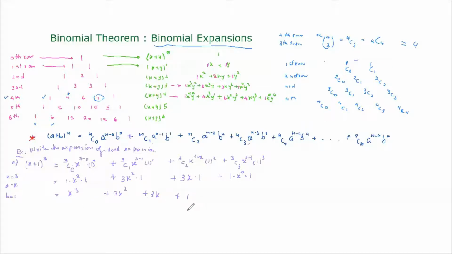So now I will give you more examples. The formula is a plus b power n equal to nC0 a power n minus 0 and b power 0, plus nC1 a power n minus 1 b power 1, plus nC2 a power n minus 2 b power 2, plus nC3 a power n minus 3 b power 3.